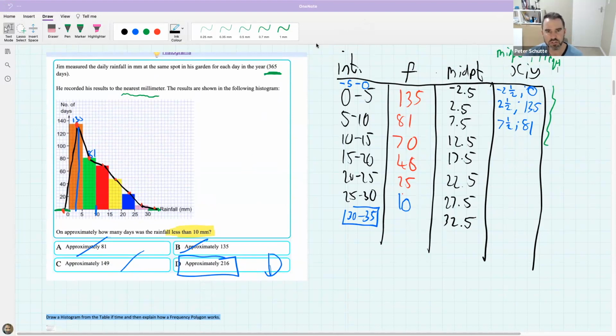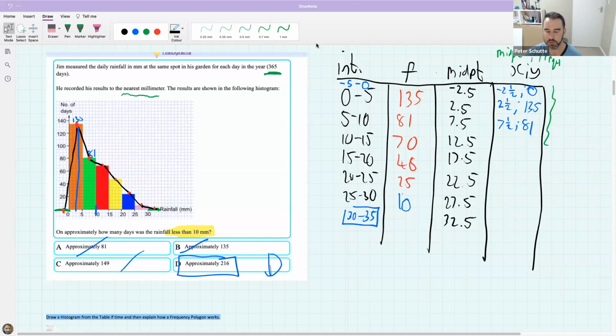Can we unmute Talefo? Hi, sir. Hey, how can I help? To get the coordinates for y, do we just take the values for the frequency? Yeah.